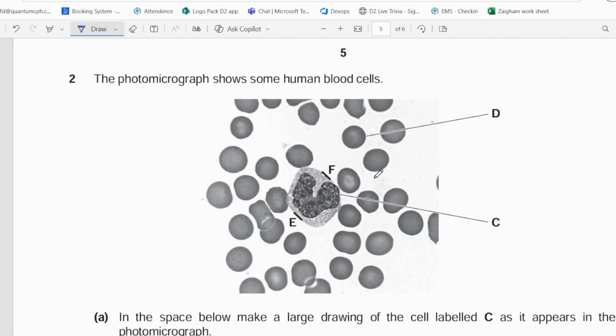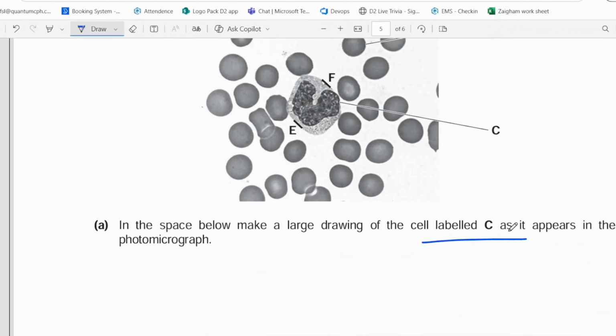Yes, the white blood cells and red blood cells. Now you have to make a diagram of C. Can you make it on a paper and send me?